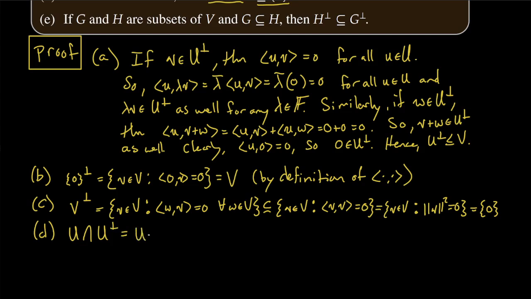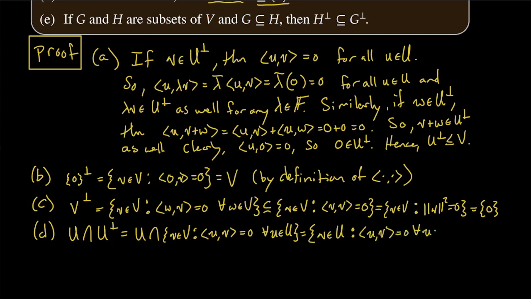This is all the V's in V such that the inner product of U and V is equal to 0 for all U in big U. But if you intersect this with U, then you're only looking at V's in U. So this is equal to the V's in U such that the inner product of U with V is equal to 0 for all U in U.